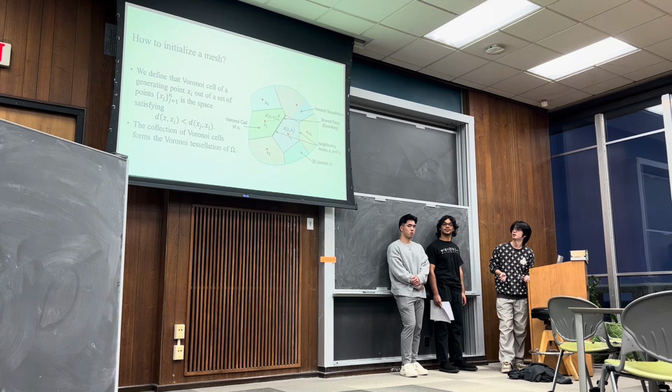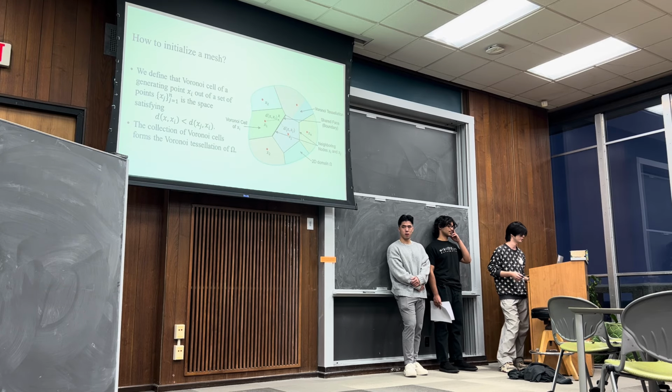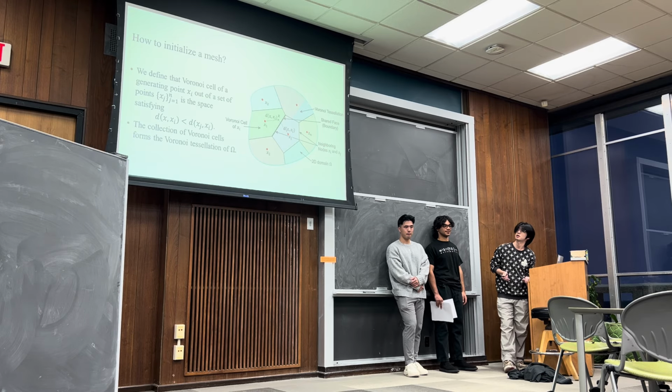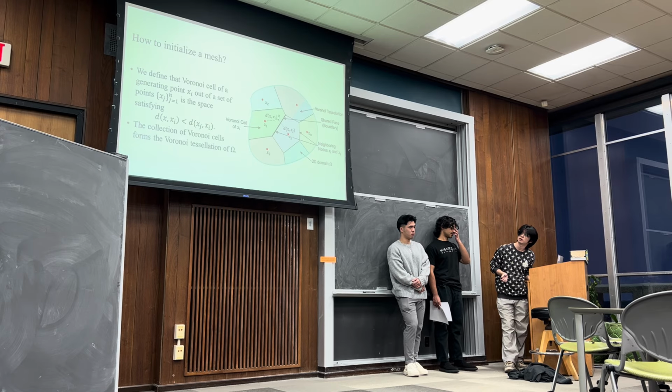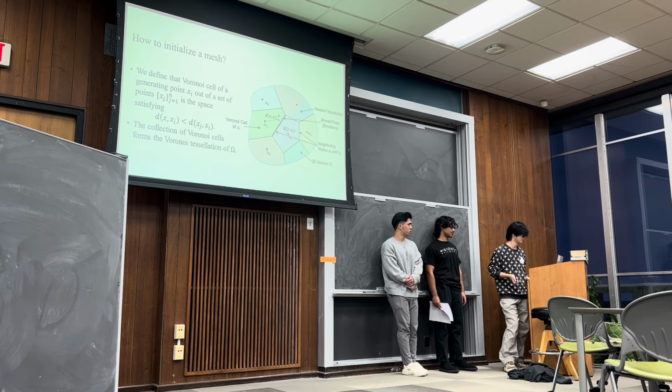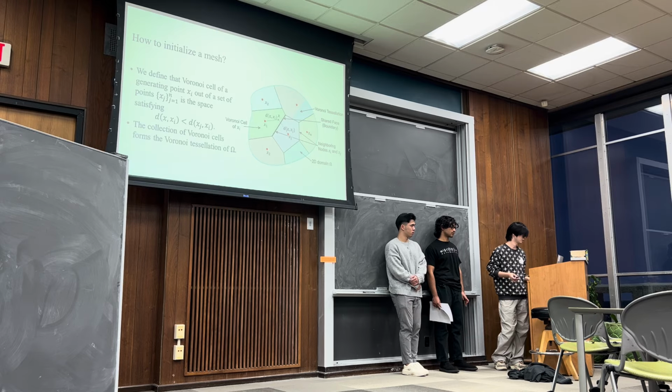This is an example of our method. We first define the volumes of geometry points, just as the x1, x2 here, and we define them on the 2D domain, and it is a kind of distance relationship here, and we call the collection of the Voronoi cells the Voronoi tessellation.